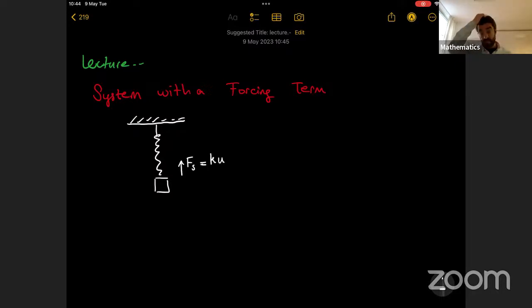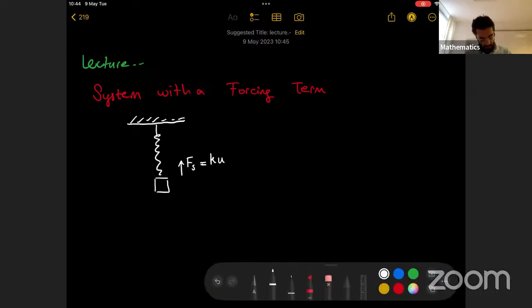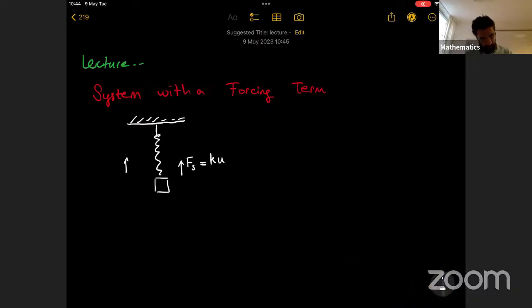Oh, this upward direction is negative, so we will take negative of ku. And there is also a damping force. This is Fd, and this is proportional to the velocity, which is u prime. So u is here the position of the spring.